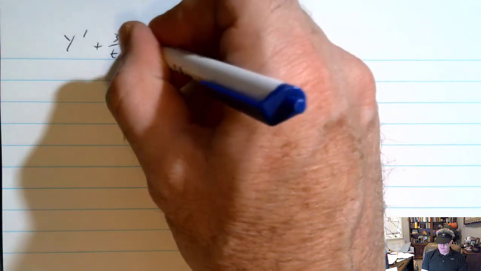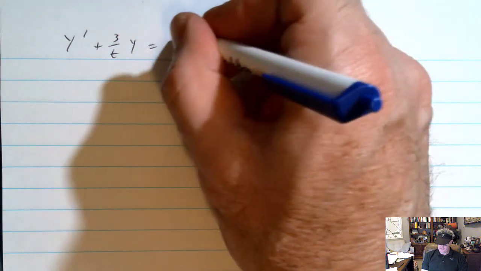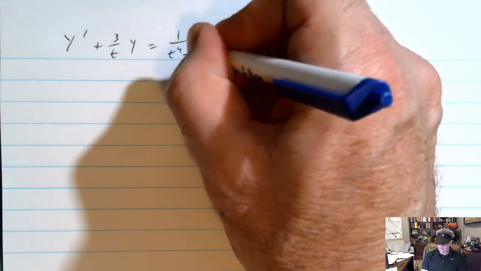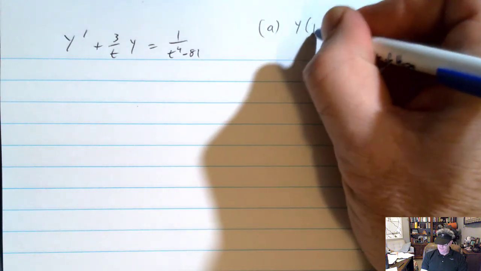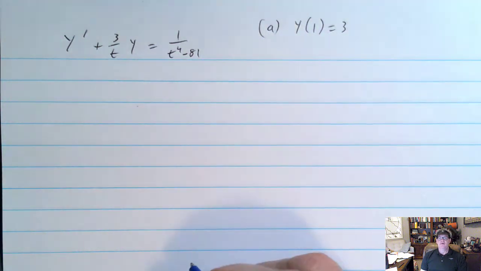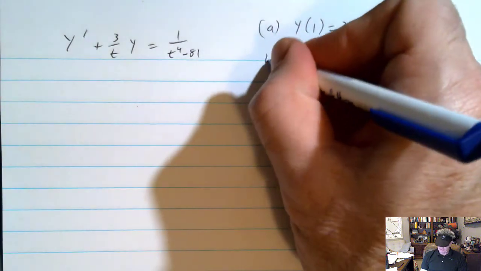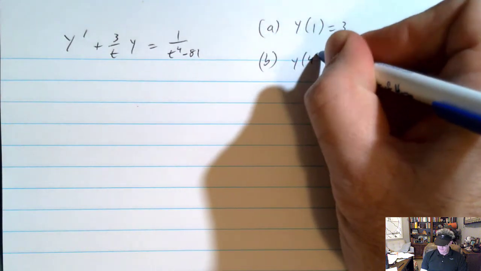All right, so let's recap then. The differential equation, y prime plus 3 over t y equals 1 over t to the 4th minus 81, and the initial conditions where y of 1 equals 3 and y of 4 equals 2.